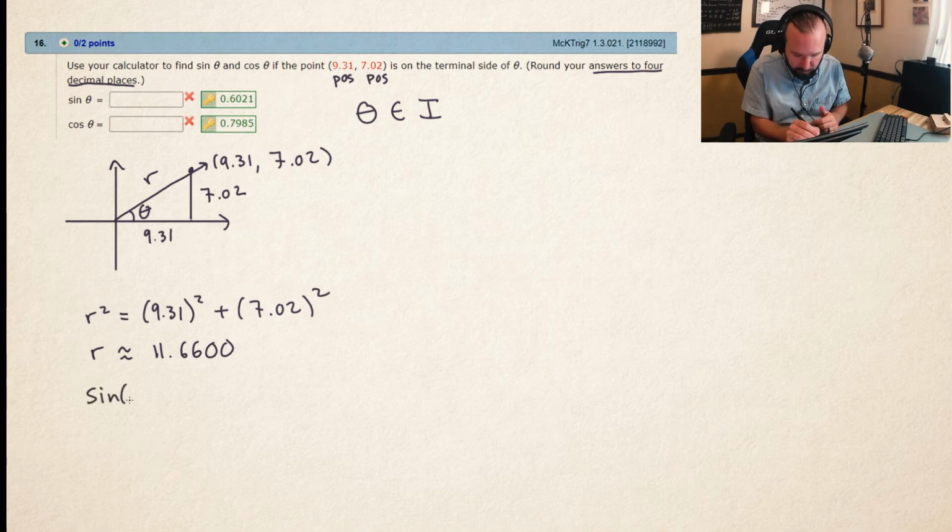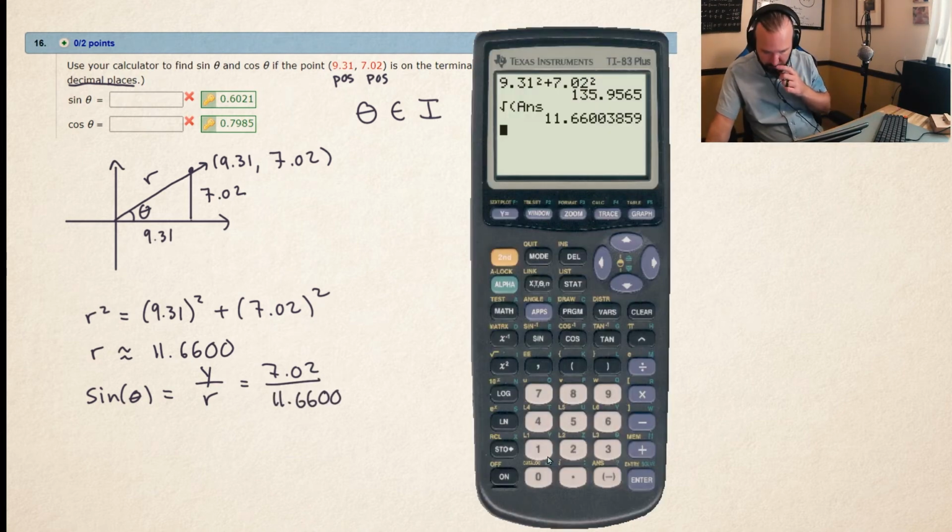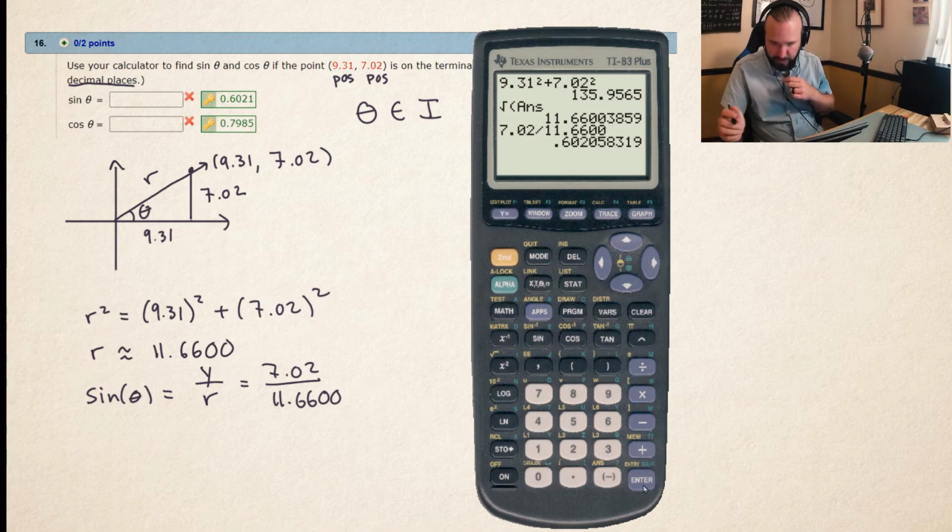Now sine of theta is y over r. So that's going to be 7.02 over 11.6600. 7.02 divided by 11.6600, and I get 0.6020.